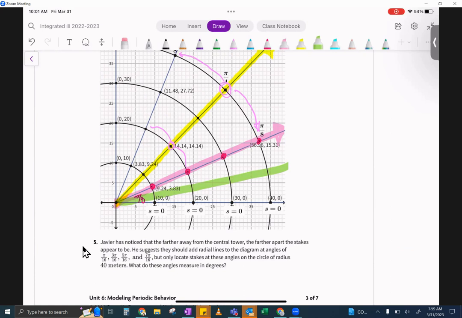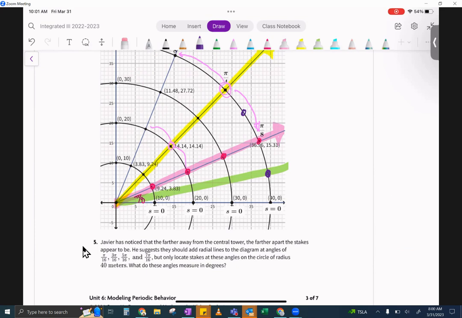Okay, so then it says, but only locate stakes at these angles on the circle whose radius is 40 meters. So not going through every single one, just going along this very outer circle here, right? Does that make sense? Okay, so what do these angles measure in degrees? Think about how you would calculate how many degrees that would be.